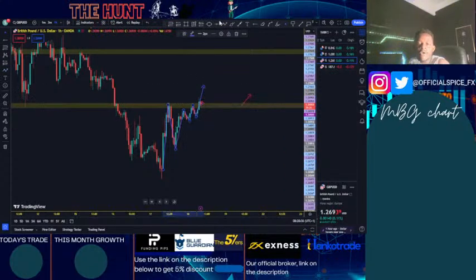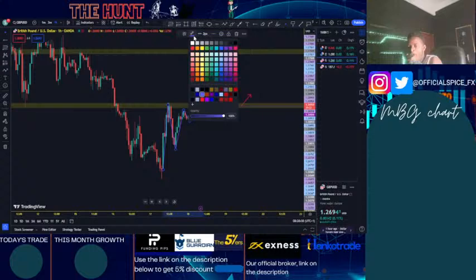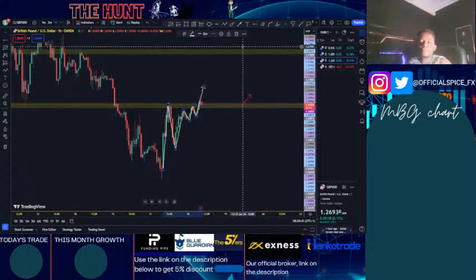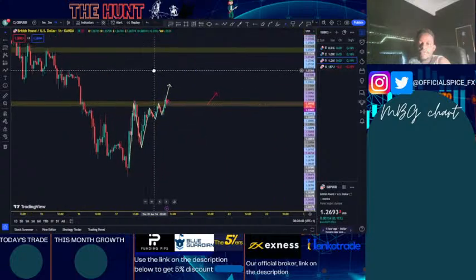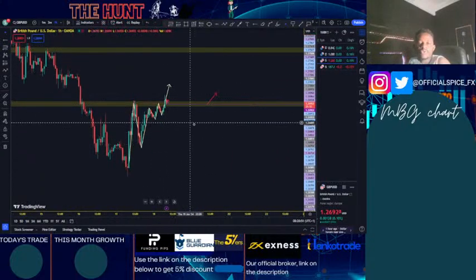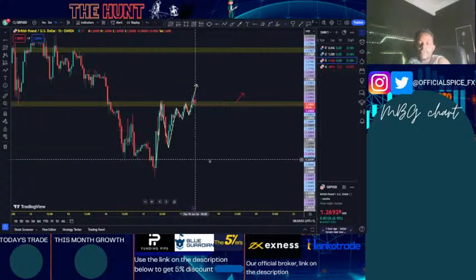Let me change this color, something more flashy. Okay, so that was the movement that I can see. You can see price continue to push higher highs.